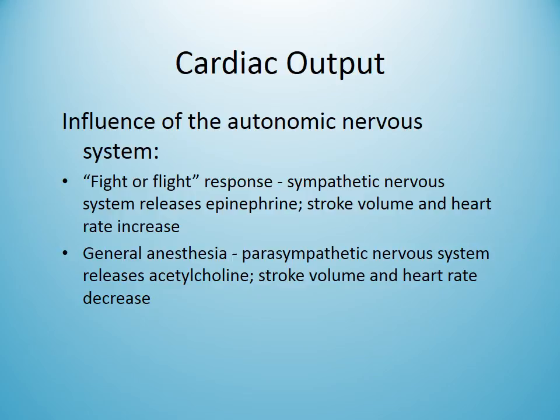And that's why anesthetic monitoring is so important, because this parasympathetic nervous system can decrease our cardiac output, therefore causing bad perfusion, right? So if I don't have the right amount of blood being pumped out of my body at the right rate, so if I don't have the proper cardiac output, how am I sure that all of my tissues are getting the proper amount of oxygen that it needs? So we have to be really careful with this during anesthesia.